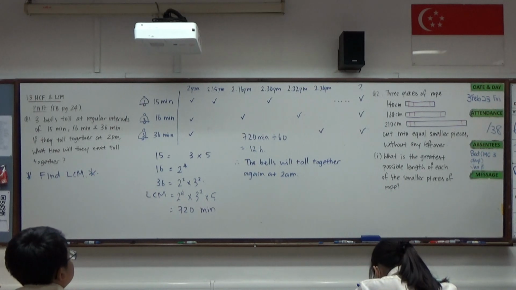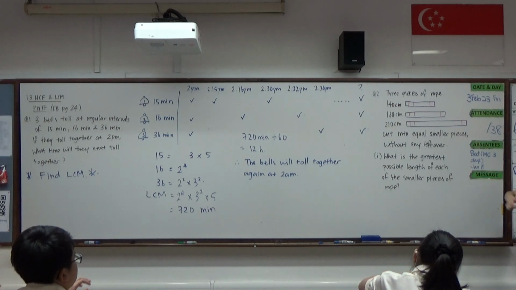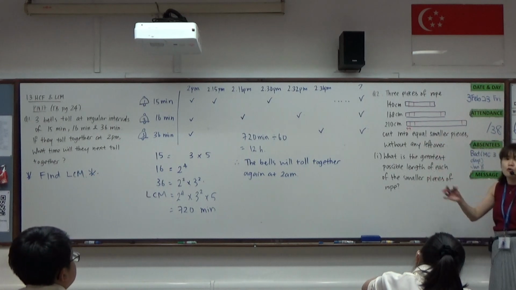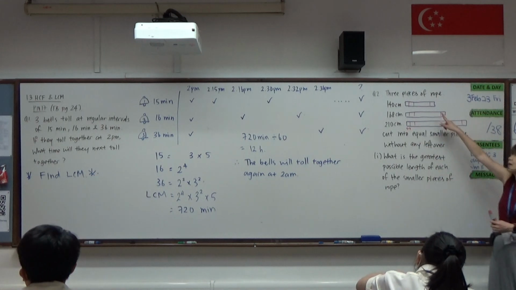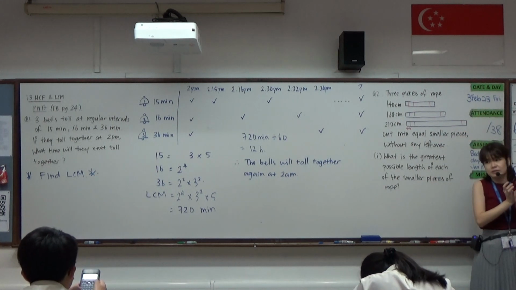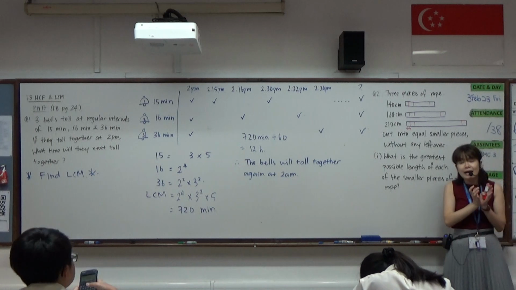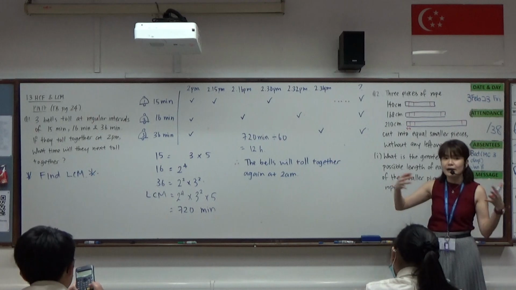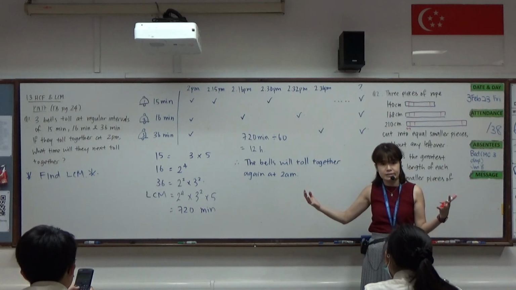Question asks, what is the greatest possible length of each of the smallest pieces, such that there is no leftover at all? So out of this 140 cm, we are cutting out a part of it. Cutting out a part is like dividing, and when we're looking at dividing, we're looking at factors, right?